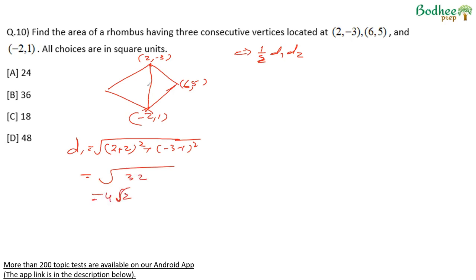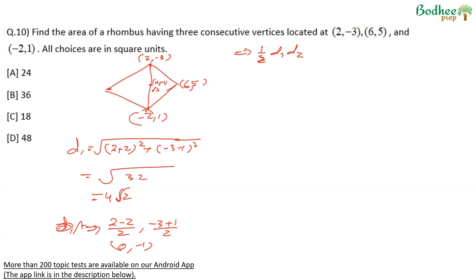This is one of the diagonals. The coordinates of the midpoint of this diagonal, suppose this is A, will be x1 plus x2 by 2, comma, y1 plus y2 by 2, which is 0, comma, minus 1.